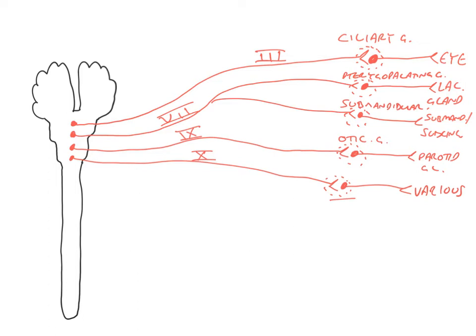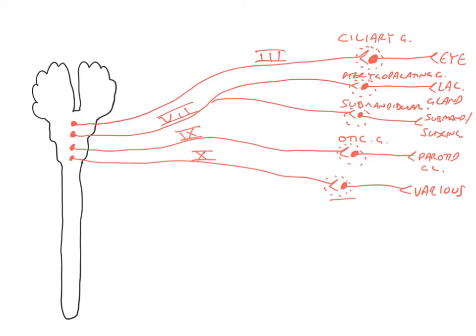Just before we move on and consider the sacral parasympathetics, I just want to briefly explain to you how the parasympathetics find their way into the cranial nerves. I don't think you need to worry about the specific details of this, but just to appreciate a simple principle.